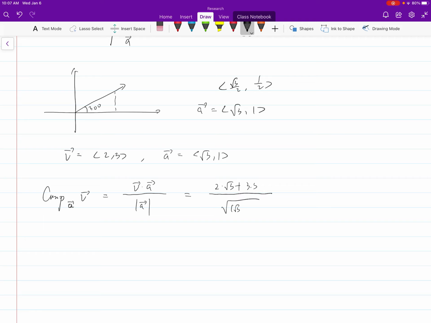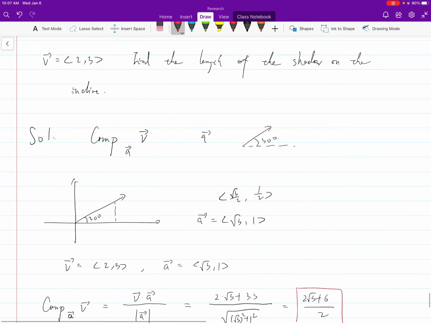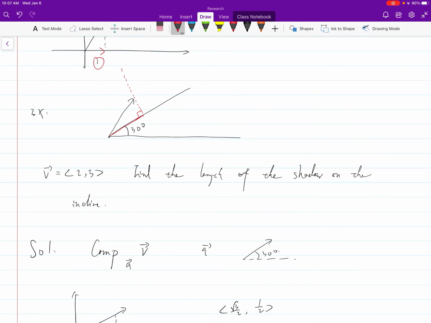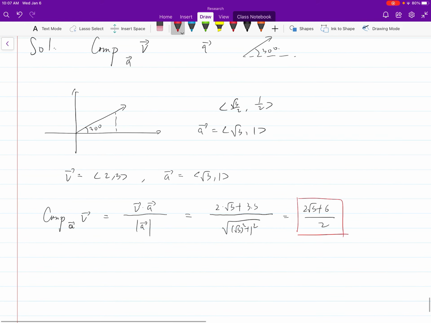Divided by square root. That's it. No need to draw right triangles, no need to use the law of cosine, play with angles, nothing. As long as you find the two vectors, the projection is going to be this way.